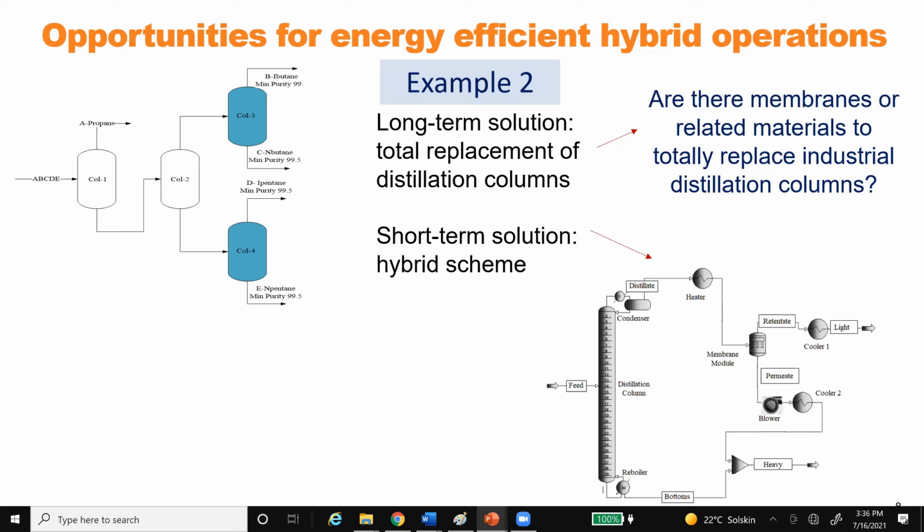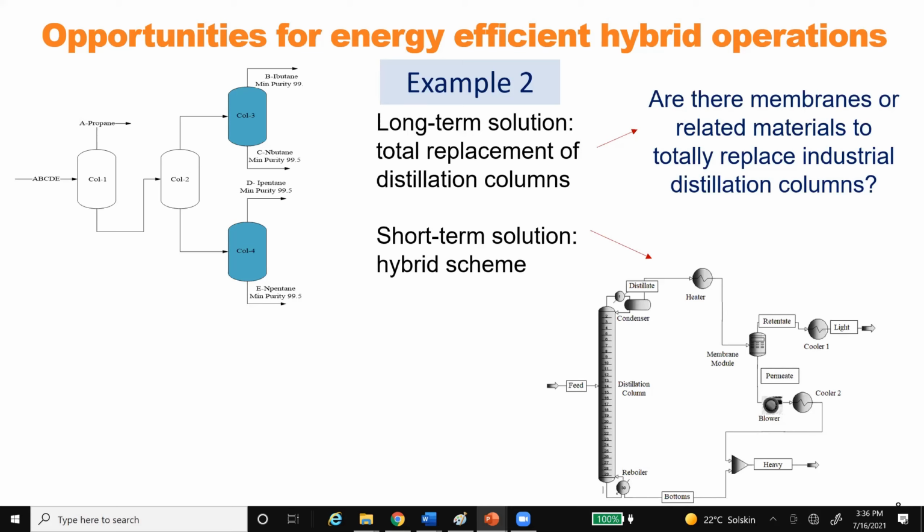I don't see, within the next 10 or 15 years, somebody coming out with a membrane or adsorption that can totally replace the distillation columns at the size that we require, not the laboratory size. So what is the short-term solution? Should we wait 10 or 20 years until somebody comes up with the membrane? Or should we do something now?